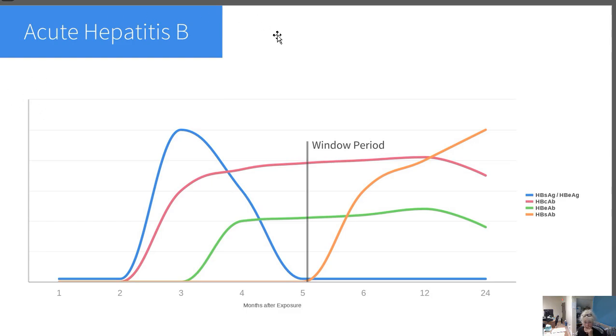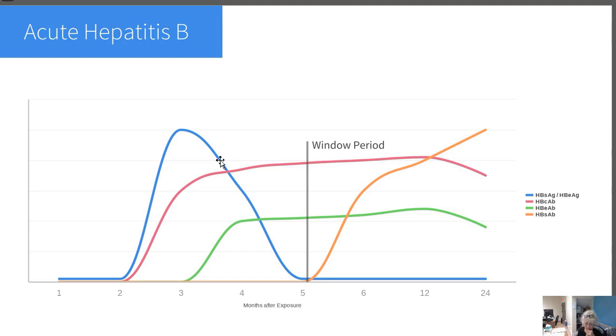So here's acute hepatitis B, okay? So let's see what happens. This is hepatitis core antibody, in red, green is hepatitis E antibody, and orange is hepatitis surface antibody. Okay. So we see here's acute infectivity. All right, this person is highly infected.